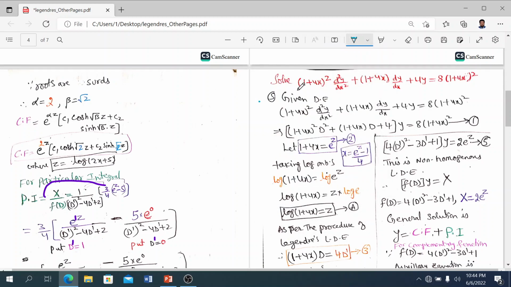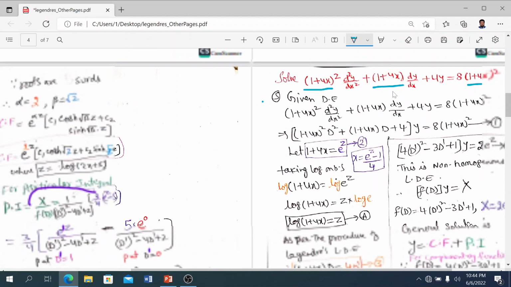See here, solve (1 plus 4x) whole squared d squared y by dx squared, plus (1 plus 4x) dy by dx, plus 4y is equal to 8 (1 plus 4x) whole squared. So this is our Legendre's linear differential equation. This is how you can understand which form of differential equation it is.